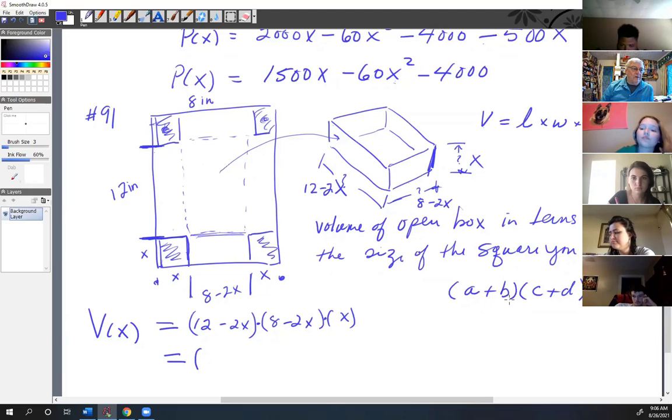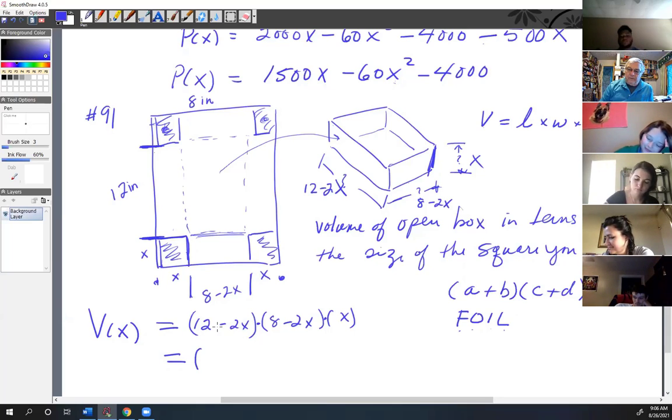Is that right? And what does FOIL stand for? First, outer, inner, last. I didn't learn FOIL. The people that came before you taught me FOIL. I'd never heard of that before. When I went to high school, they said, just do it.